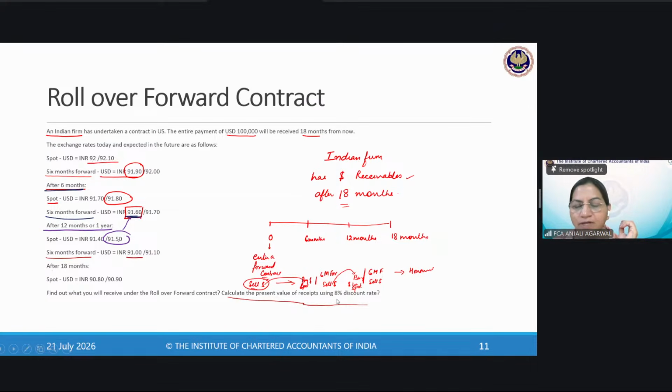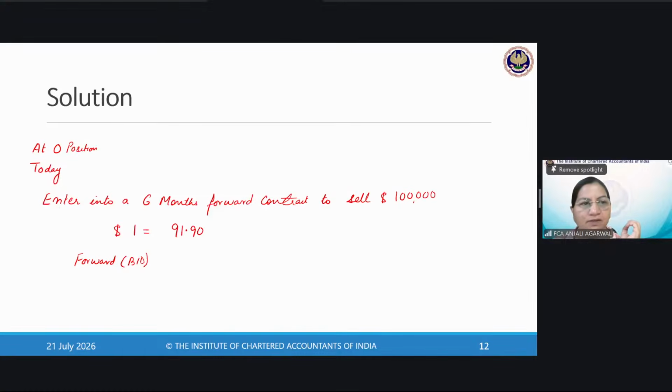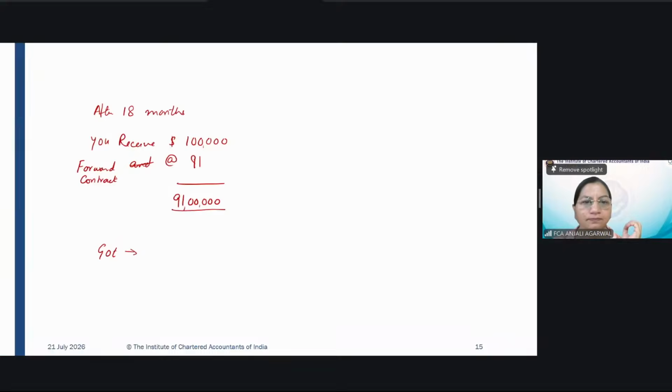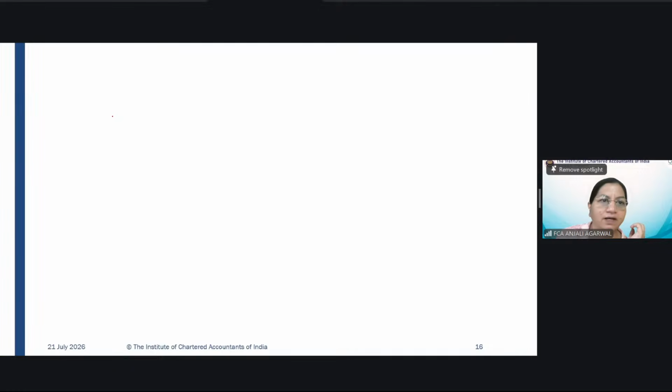Let's compare with today's position, how much we got using the discount rate at 8%. So then it becomes simple. The present value of 10,000 after 6 months at 8% per annum rate of interest would be this. Another 10,000 after 1 year, you can take it at 0.8 or you may take it at 0.4 square. And another 91 lakhs after 18 months.